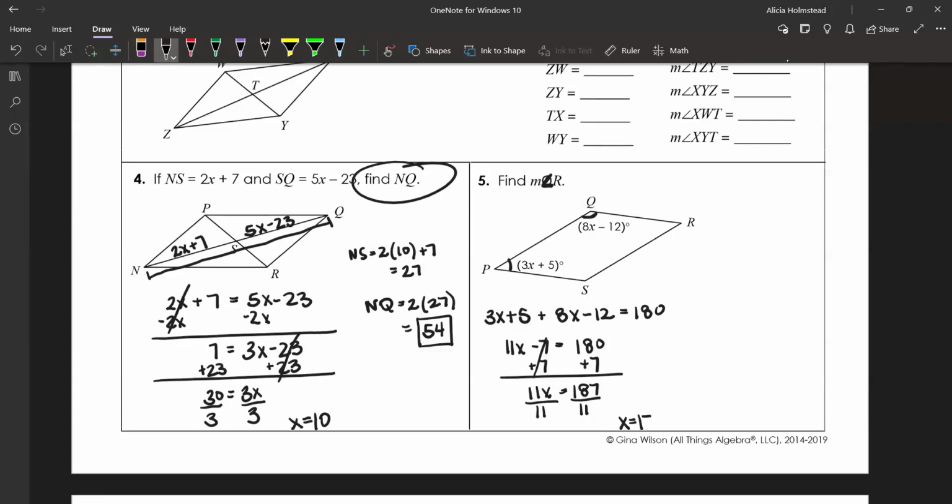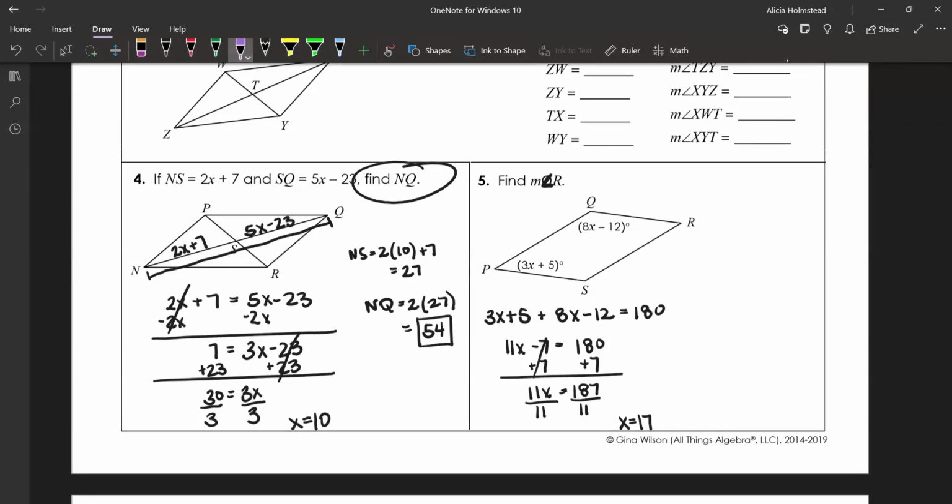So x equals 17. Okay, but wait. Is that the answer? No. We need to find the measure of angle R. Well, we have x. How could we do that? Well, again, we'll have to think about our parallelogram geometric relationships.